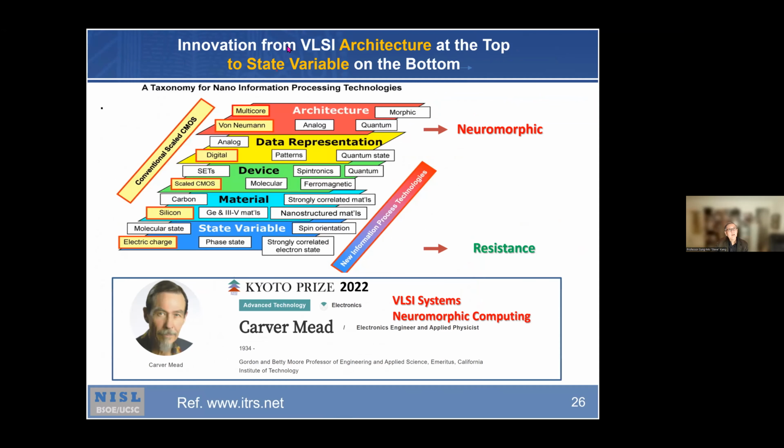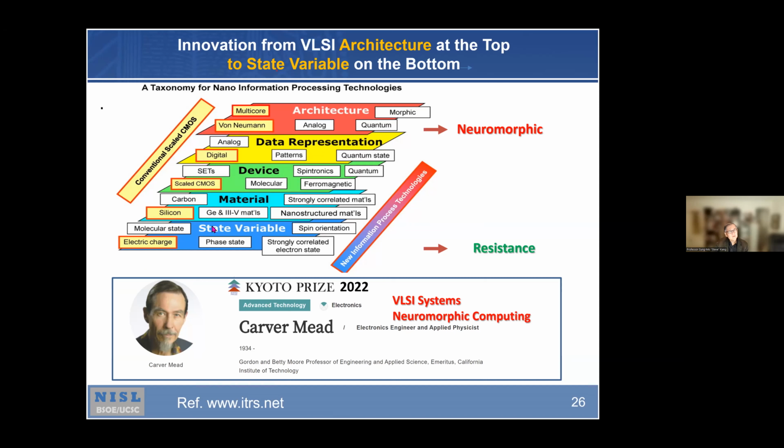This shows innovation starting from material system all the way to architecture. The conventional architecture may be von Neumann and multi-core, but in terms of architecture, it's moving toward neuromorphic computing because it's a lot of parallel processing with low power.